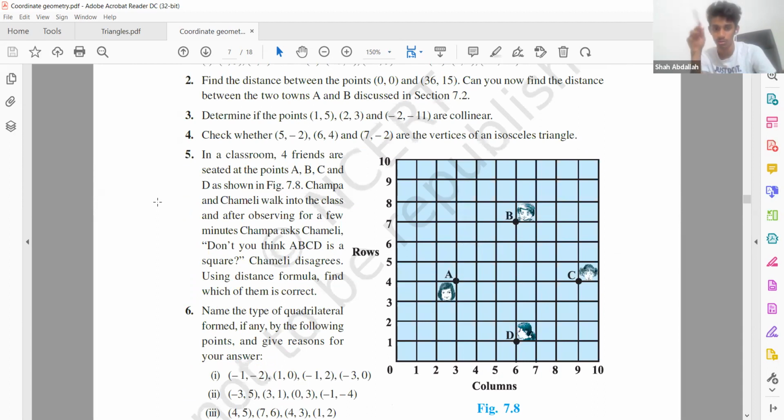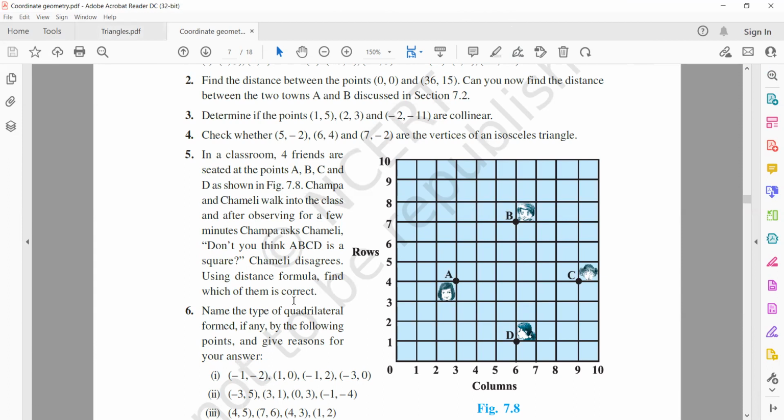So write in your copy A, 3, 4. Same, write B. What is B? 6, 7. How much is C? 9, 4. D, 6, 1.